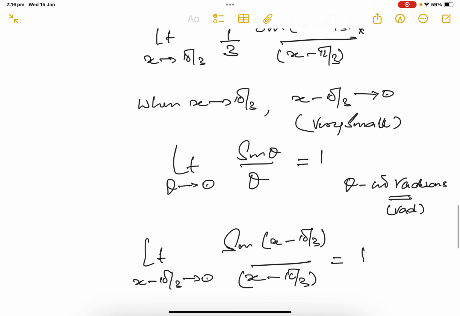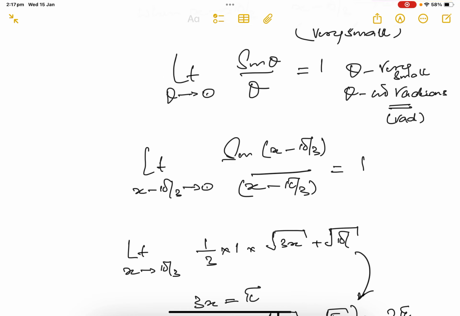That's the trigonometric identity we should know: the limit as theta tends to 0 of sine theta over theta equals 1, providing theta is very small. And of course, theta has to be in radians.